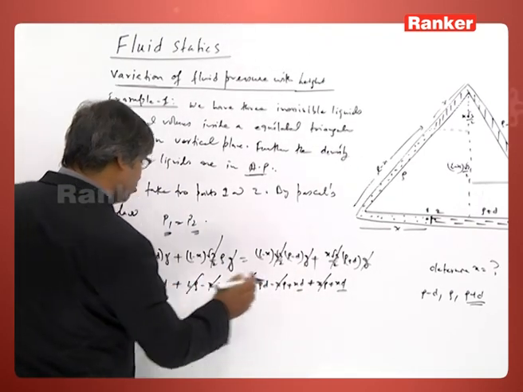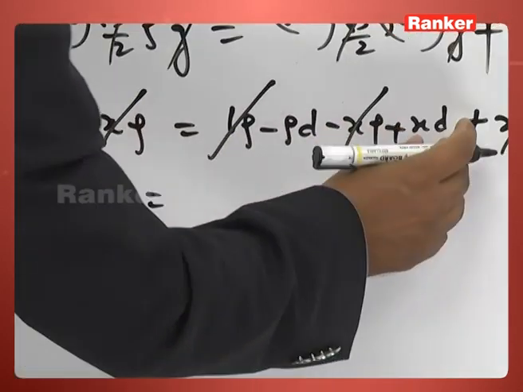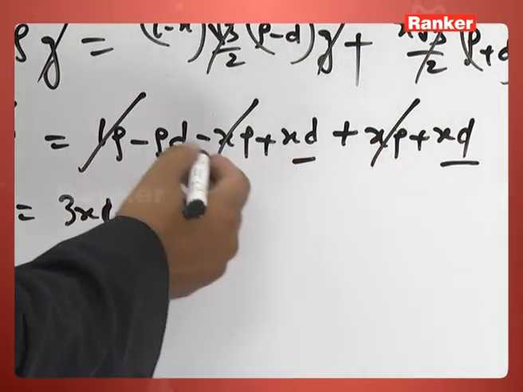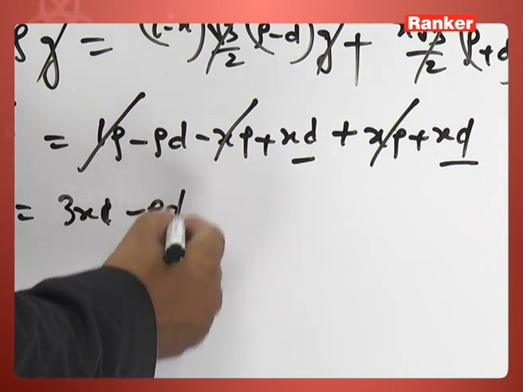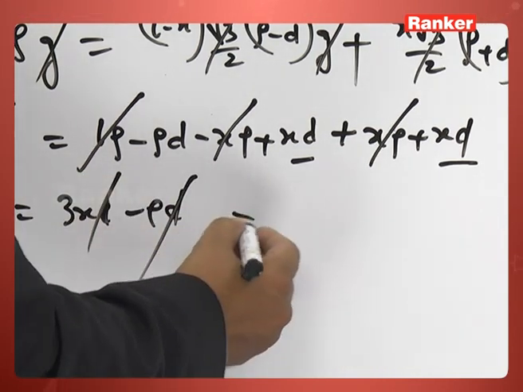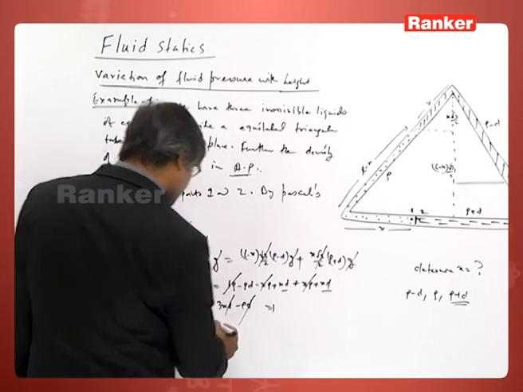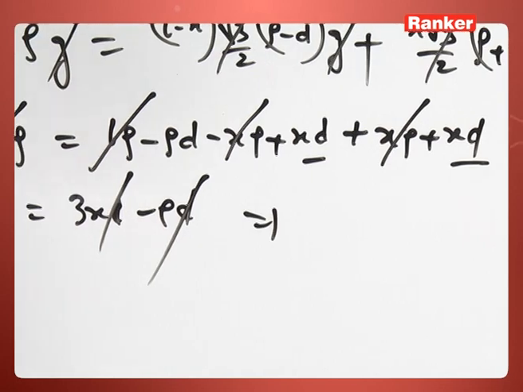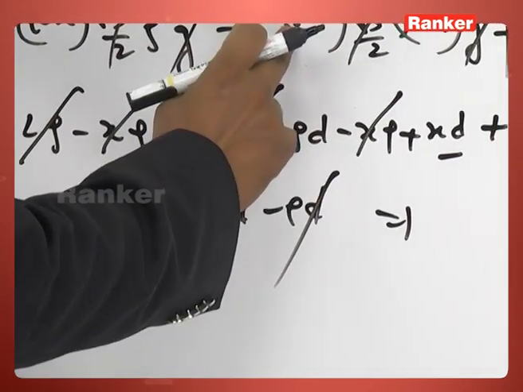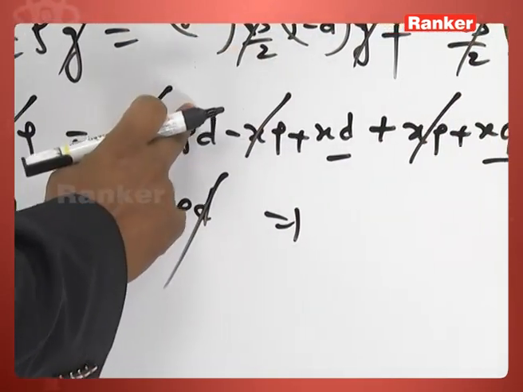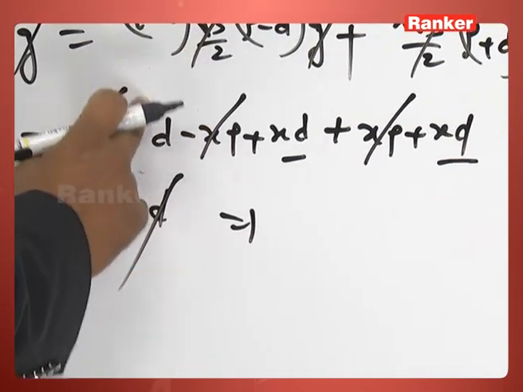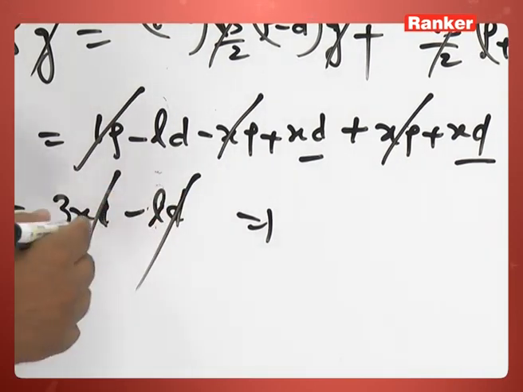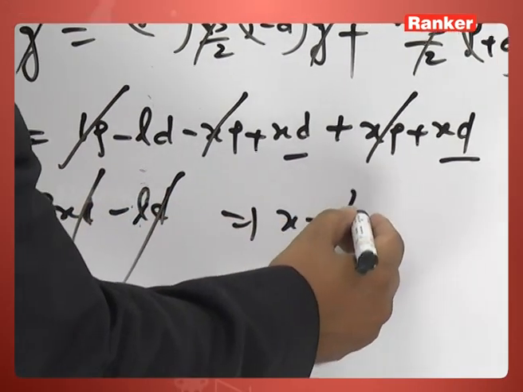So, this x d will go this side, so 3 x d, and now only minus L d is left. So, d cancels, implies here it is x d and here L d. So, d cancel, implies x is equal to L by 3.